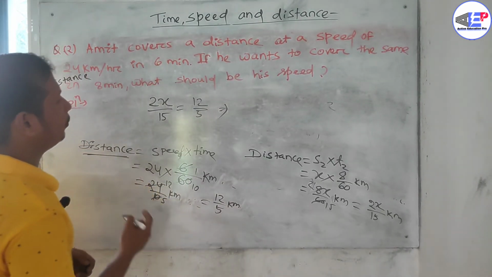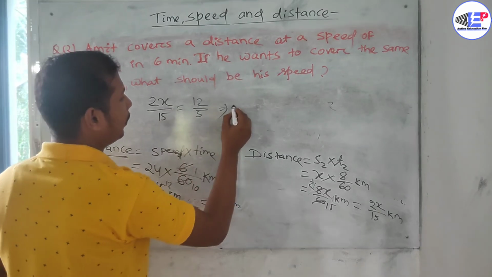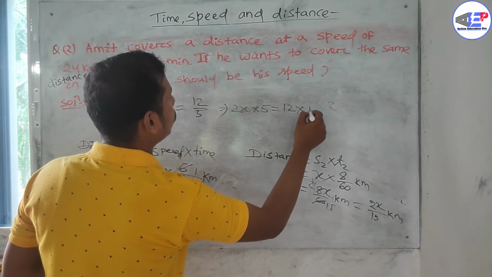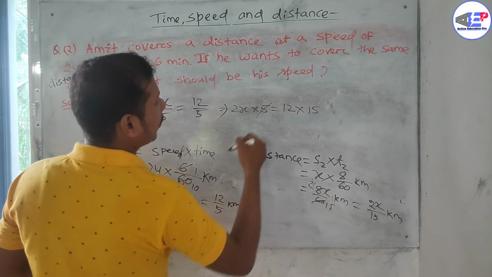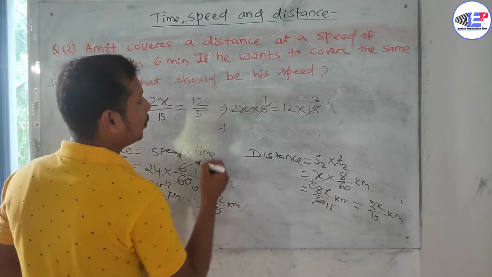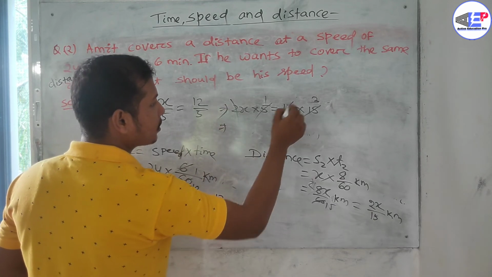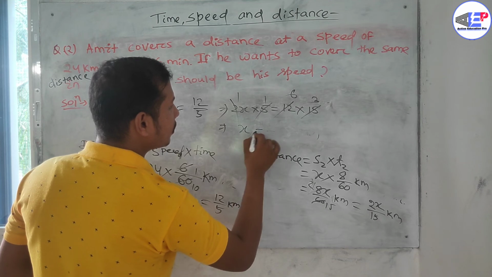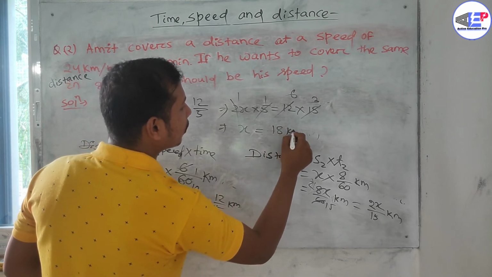By cross multiplying, it will give 2x into 5 is equal to 12 into 15. Cancelling 5 on both sides, it will give 3 here and 1 here. We can divide by 2 on both sides, it will give 1 and 6 here. So it will become x is equal to 18.